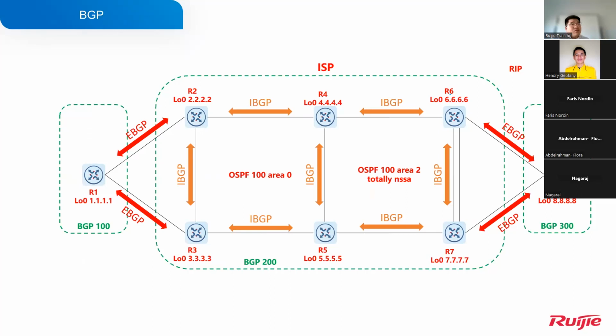So until now, you can see all the routers in this figure are reachable to each other. Do you agree with this? Yes or no? Please give me some feedback. Yes. Okay.